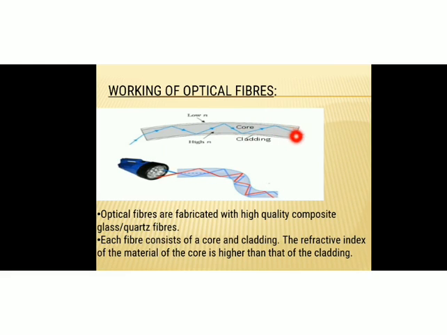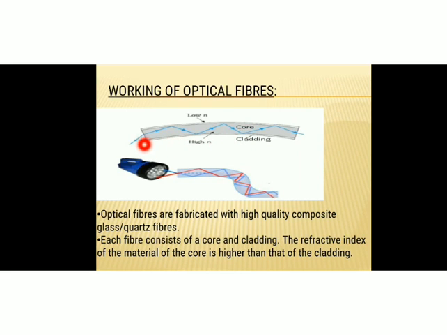So multiple total internal reflections take place inside the optical fiber, and finally this light ray comes out of the optical fiber. Due to the difference in the densities of core and cladding, total internal reflection occurs.